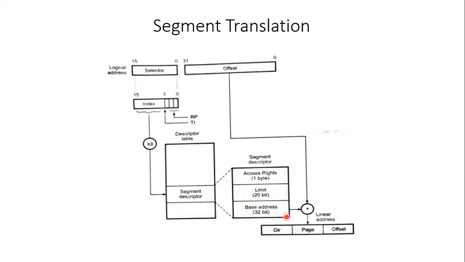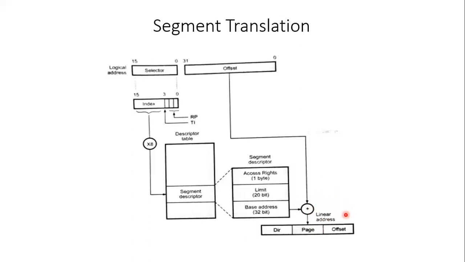I'll just repeat. The 80386 microprocessor will add this base address from the descriptor to the effective address or the offset. But why is it adding it to the effective address or the offset? Because it wants to generate a linear address.